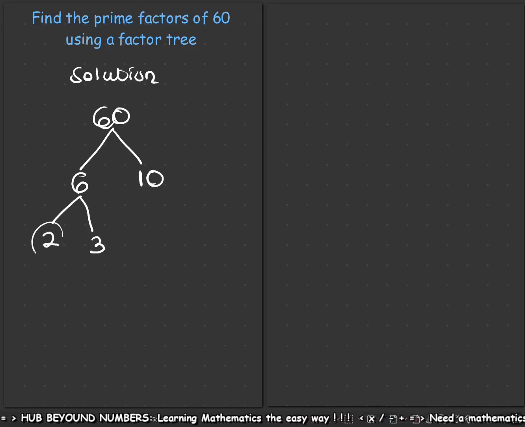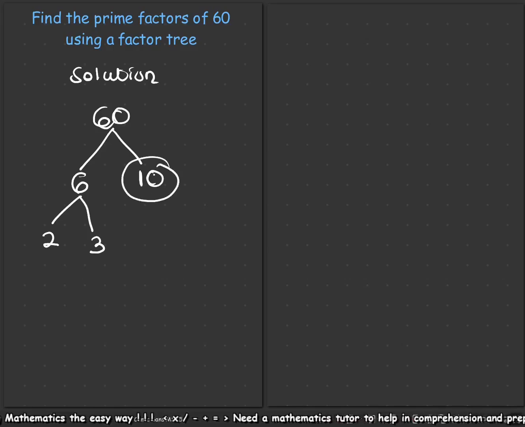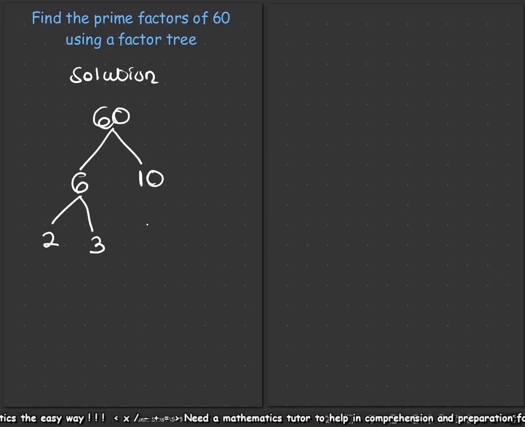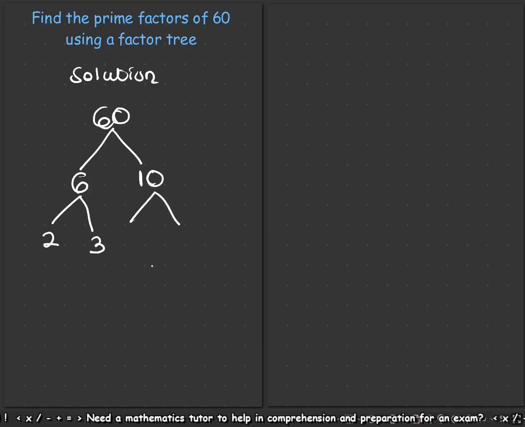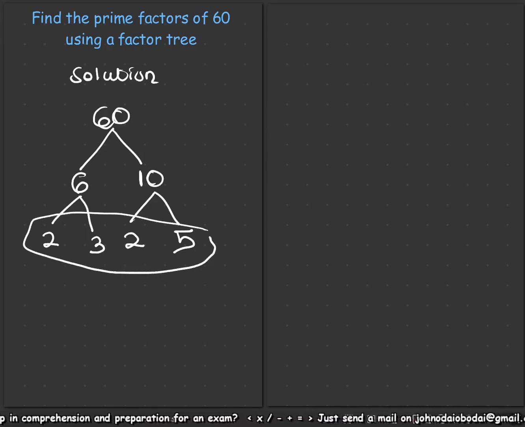Then I'll come to my 10. Is 10 a prime number? No, 10 is not a prime number. So I say, I know a 2 times a 5 gives me 10.